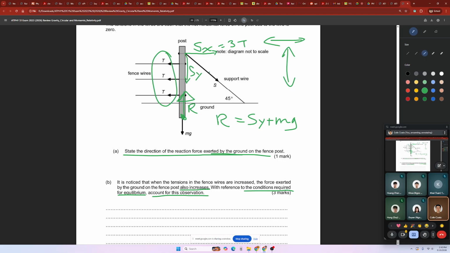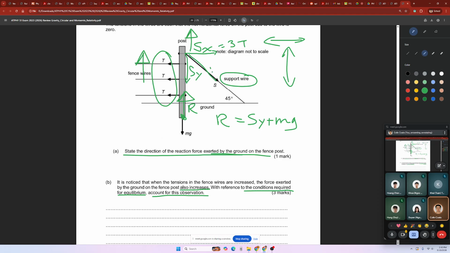Well, let's take a look again at what the support wire is doing. The support wire is going both to the left and downwards. So if the T increases, the support wire's horizontal component must increase to match this, to equal this. However, the support wire is not just the horizontal. The only way we can increase the horizontal is by increasing the total tension in the support wire.